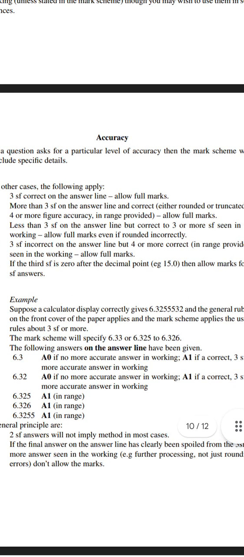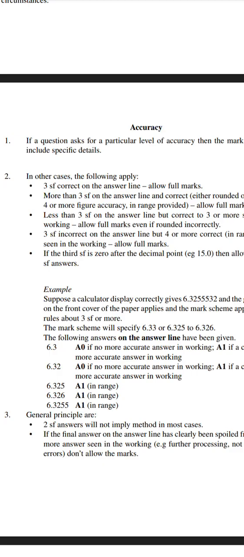So if you have the three significant figures answer wrong, like you accidentally do up to 2 SF or up to 4 SF, whatever, but in the working you have more digits, the accurate answer, then it will be accepted.